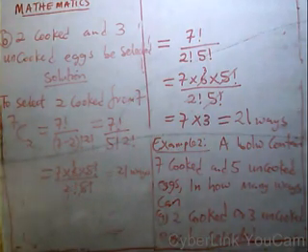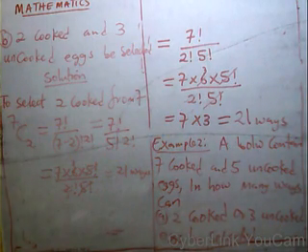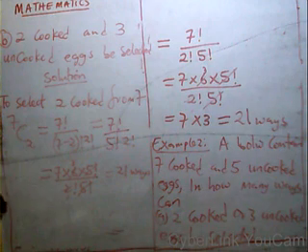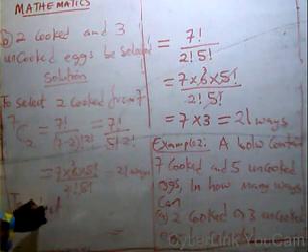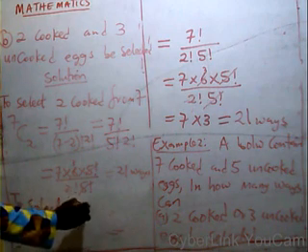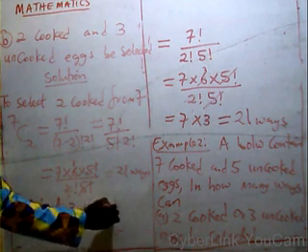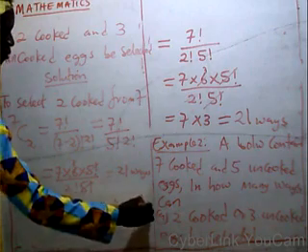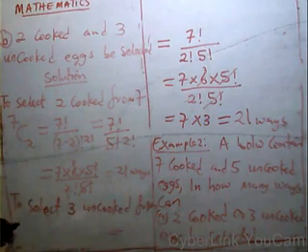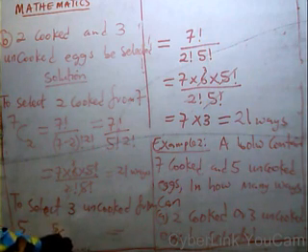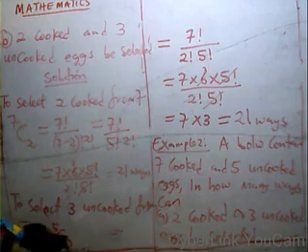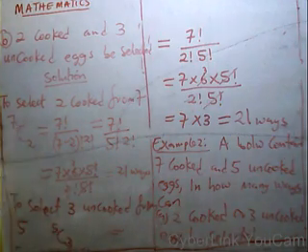Also, to select 3 uncooked from 5, we are going to have 5 combination 3.